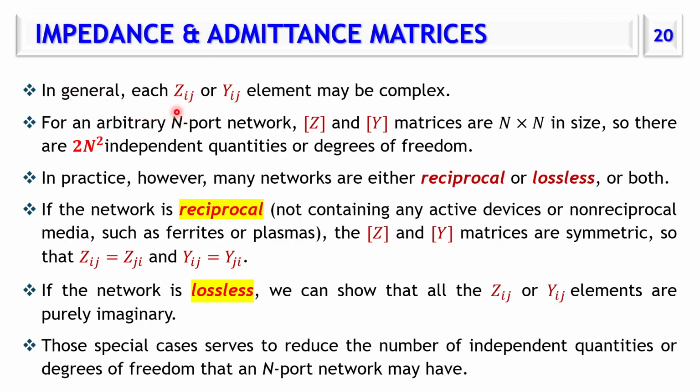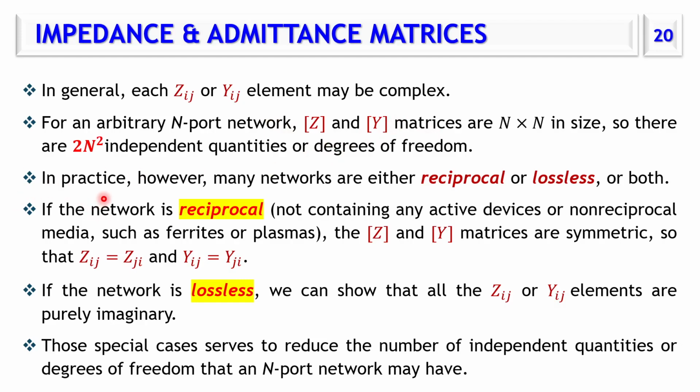So in general, Zij and Yij elements may be complex. If we have an n-port network, Z and Y are n by n matrices. So each matrix has n squared elements, and each element can have real and imaginary parts. So we have two n squared independent quantities, or degrees of freedom, for each matrix.